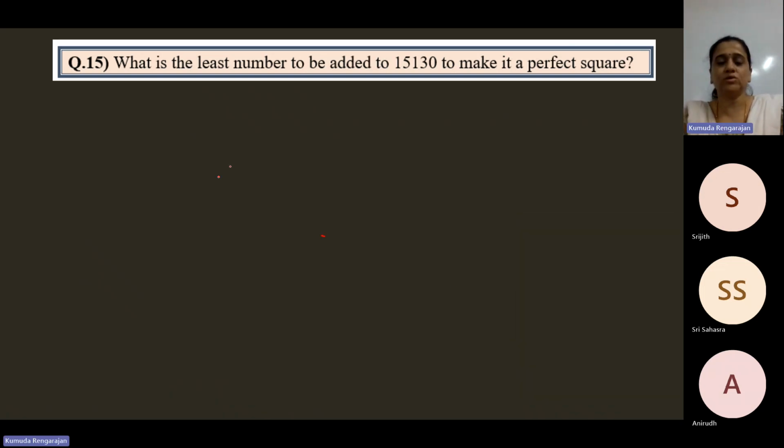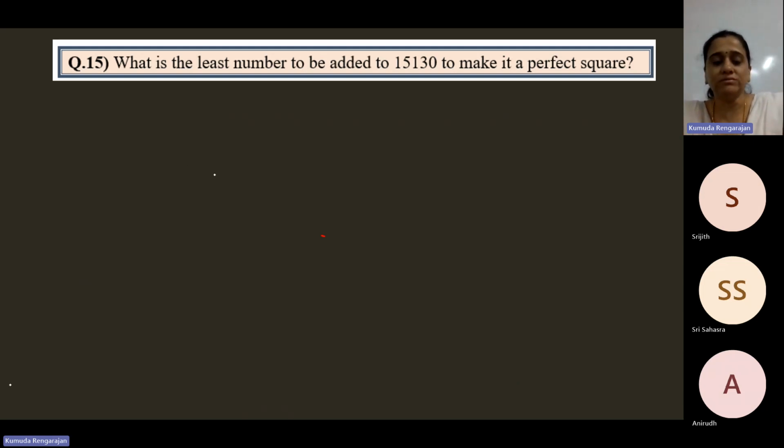You take this question number 2. See this question. What is the least number to be added to 15,130 to make it a perfect square? Now listen to this example. Please listen to me.